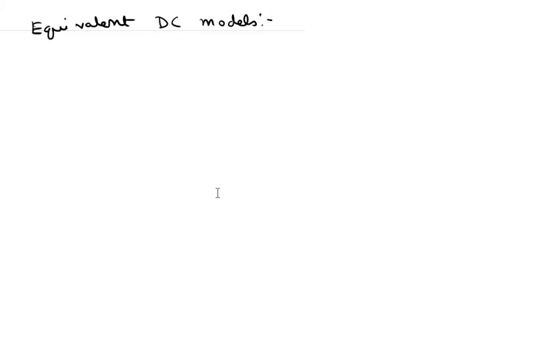Okay, so here we will be discussing the equivalent DC models for a PNP and NPN transistor. So let me draw a circuit here. So we have this BJT here in the common emitter configuration. So the emitter is basically grounded, and this is an NPN transistor actually. So I write it here, NPN.